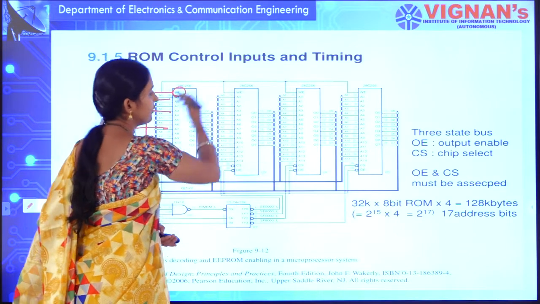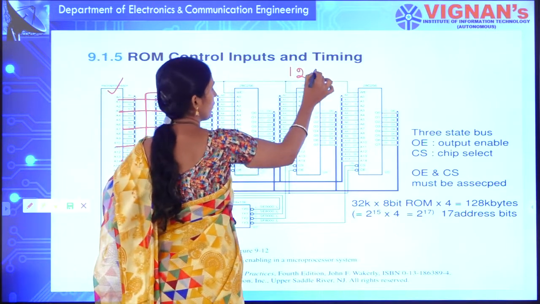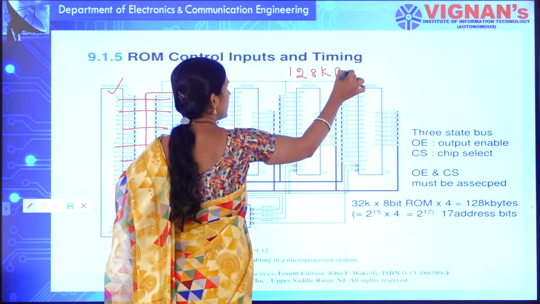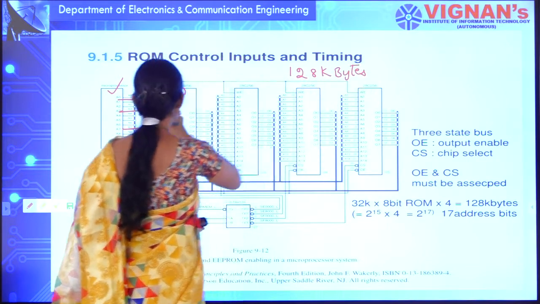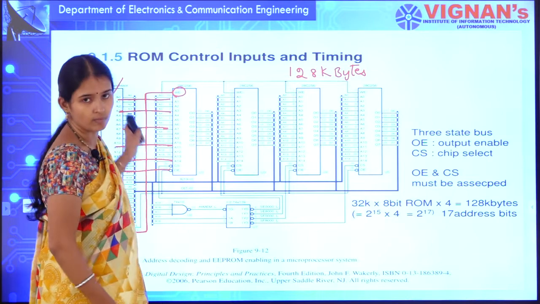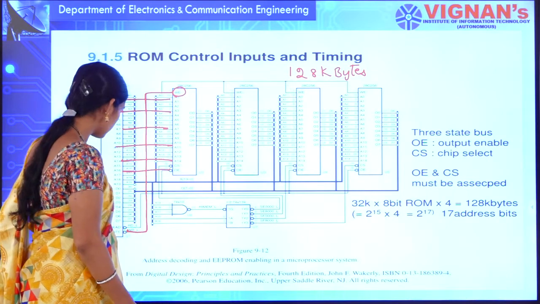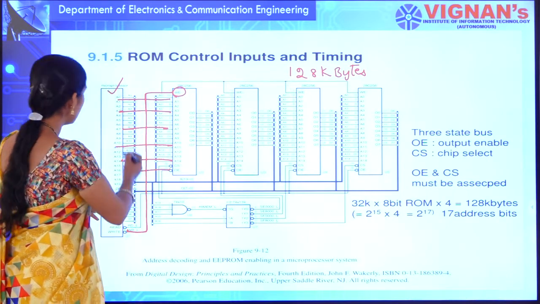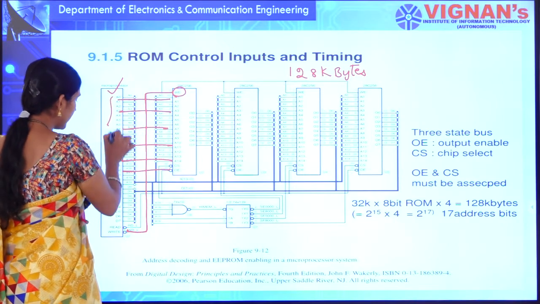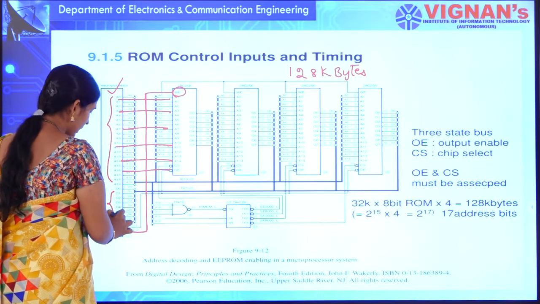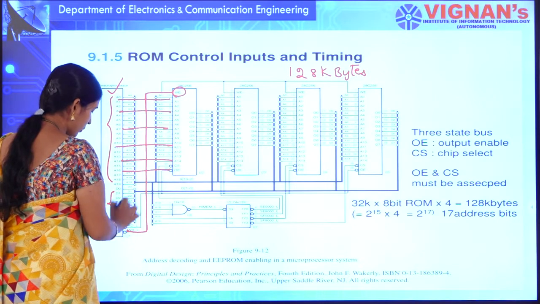That means you are interfacing 128 kilobytes to the microprocessor, the 20 address line microprocessor. Okay. So, if you see here, this microprocessor has 20 address lines, and 8 data lines as well as read and write.